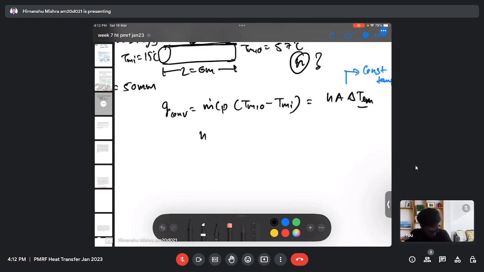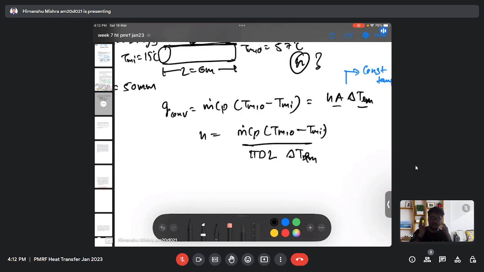So my heat transfer coefficient will be: my area is pi d L, and it is written in terms of the logarithmic mean temperature difference. So we first need to find this quantity.